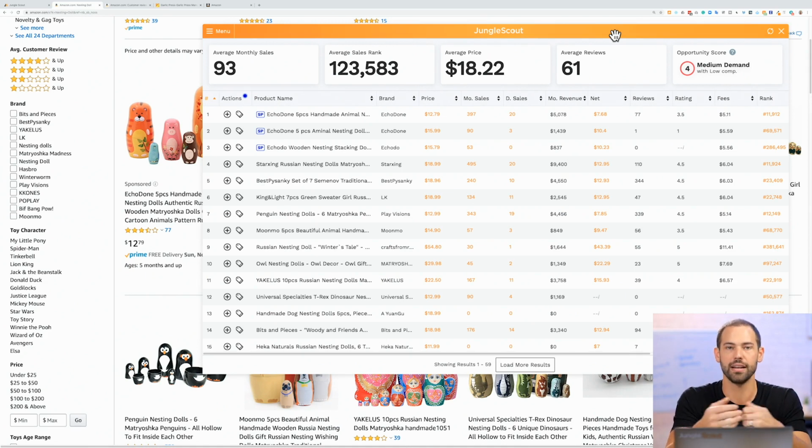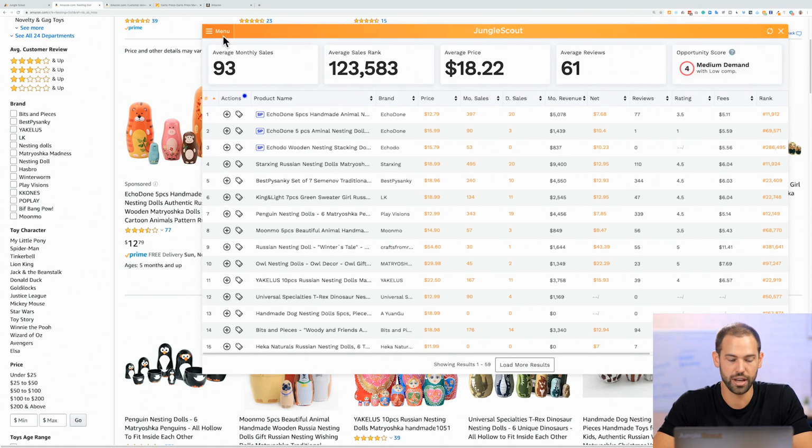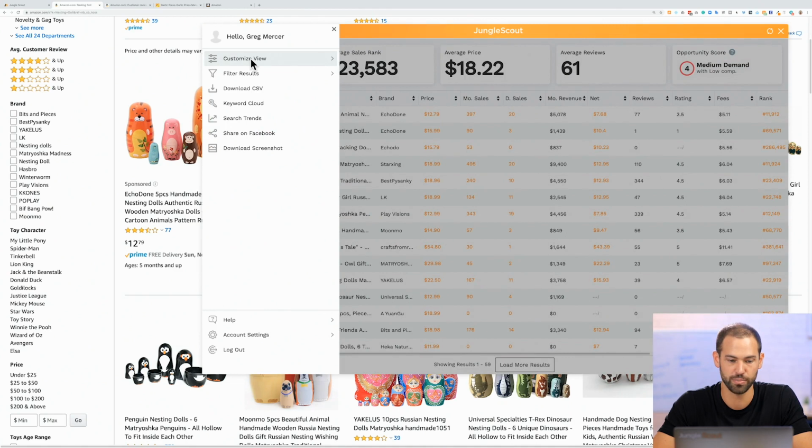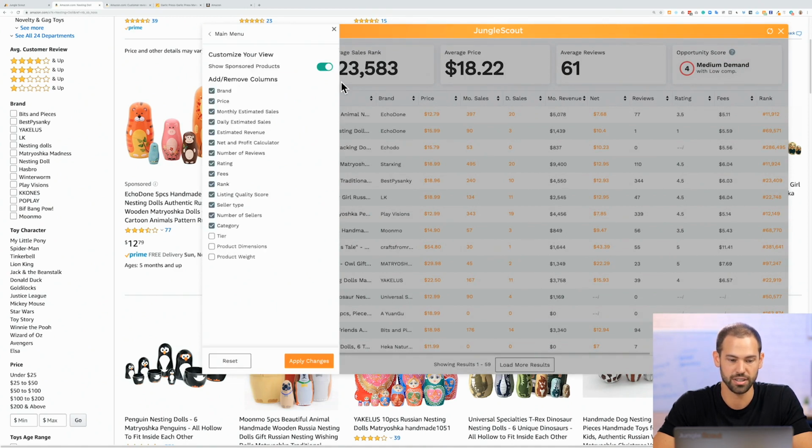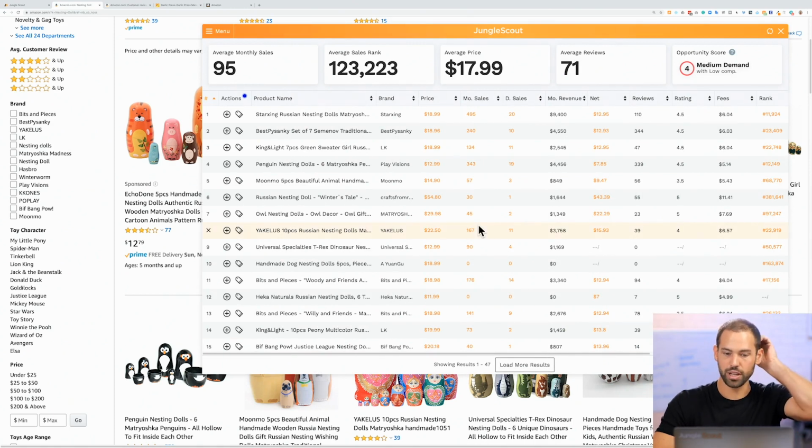And it also gives me a better idea about what the products actually look like on this particular search page. So I'm going into the extension and I'm going to customize this. I'm going to remove sponsored products, apply, because I'm only going to look at organic products right now.